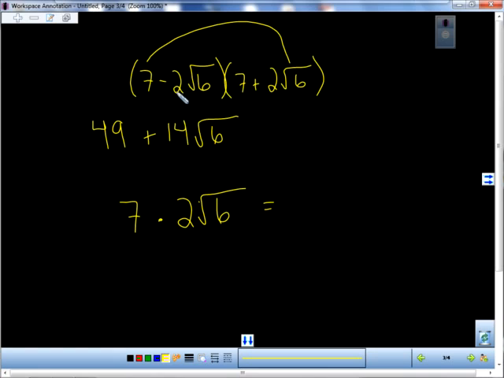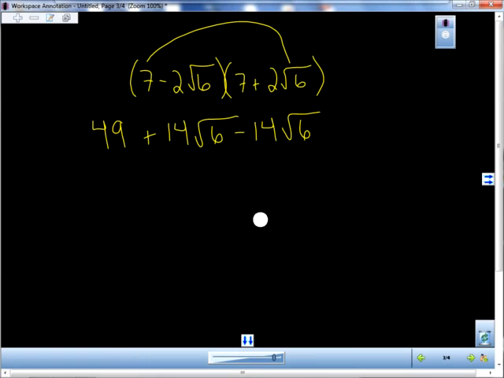On the insides, I have negative 2 root 6 times 7 gives me negative 14 root 6. And then we have our last terms. Well, we have negative 2 root 6 times positive 2 root 6.